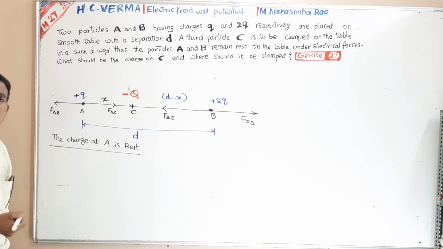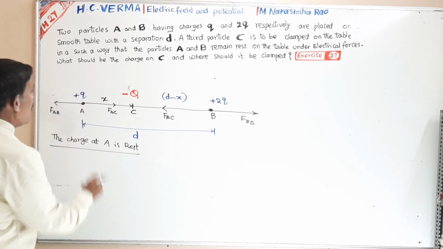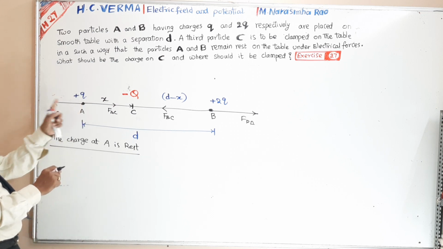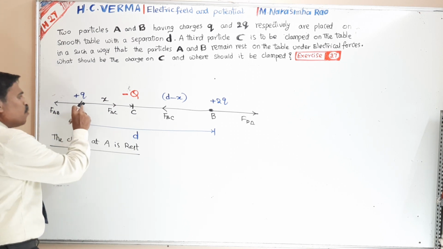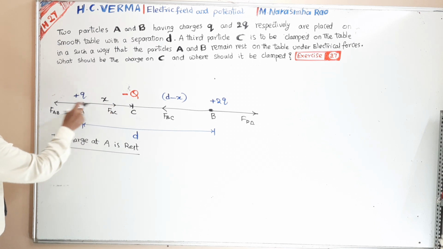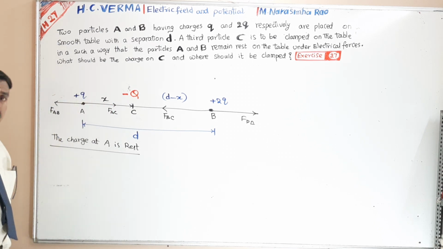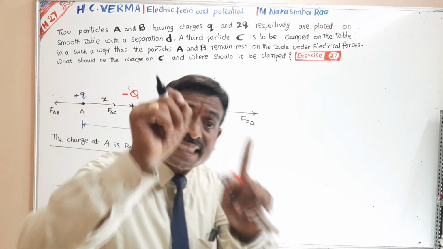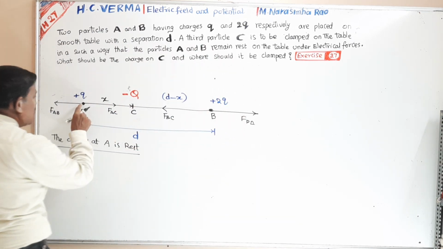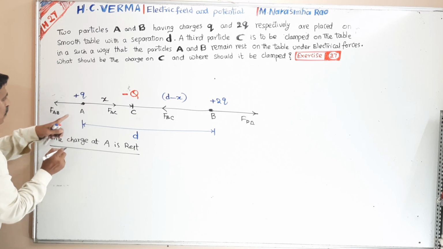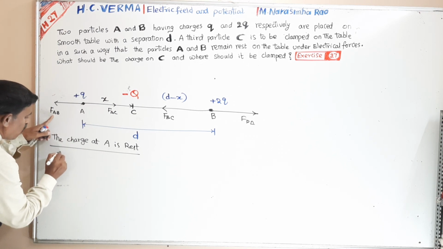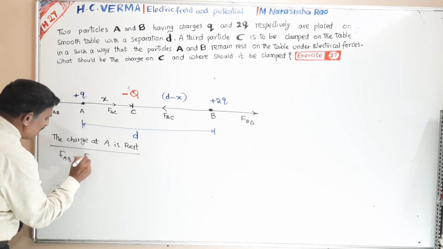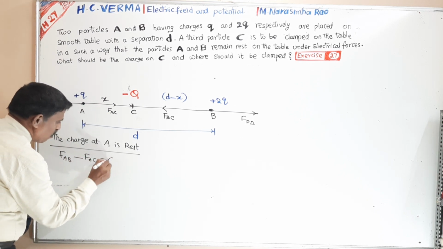Rest position means equilibrium. On this charge, one force is acting left side and one force is acting right side. Both are opposite, and opposite means subtraction. They told rest, so the resultant force on this charge is 0. Force on A due to B minus force on A due to C is equal to 0.